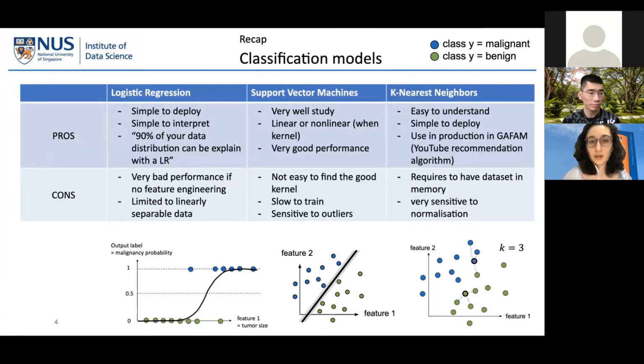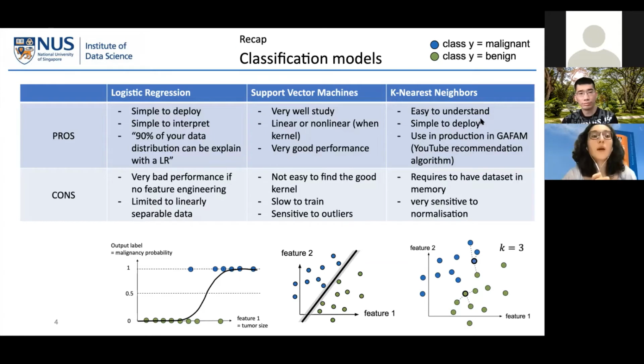And yesterday we also focused on three different classification models in binary classification: logistic regression, support vector machines, and k-nearest neighbors. These are three examples among a wide range of other possible models.